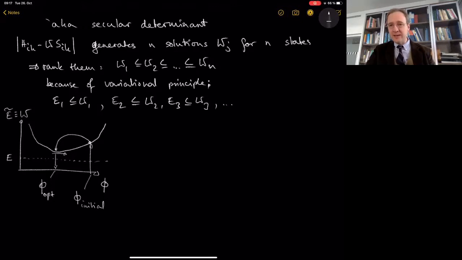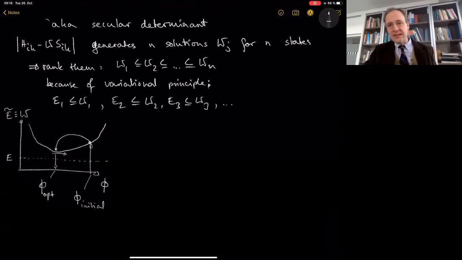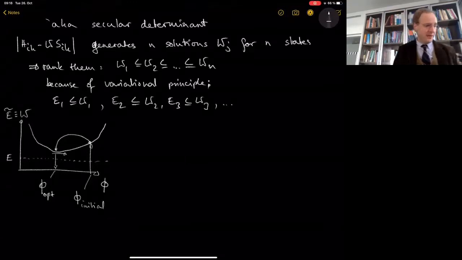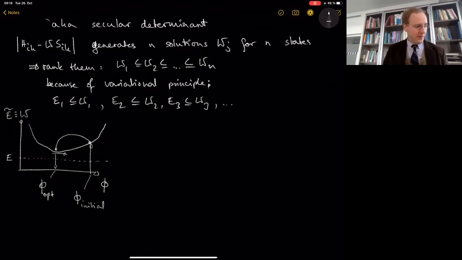Typically, you don't hit exactly that target because the functions we typically choose are not a complete set of eigenfunctions. You remember from the theorems. If we had that, then you could get the exact answer from the variational principle.